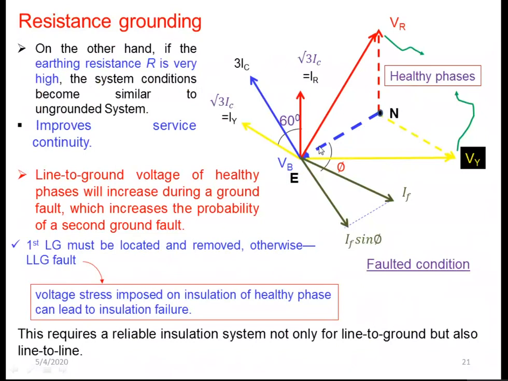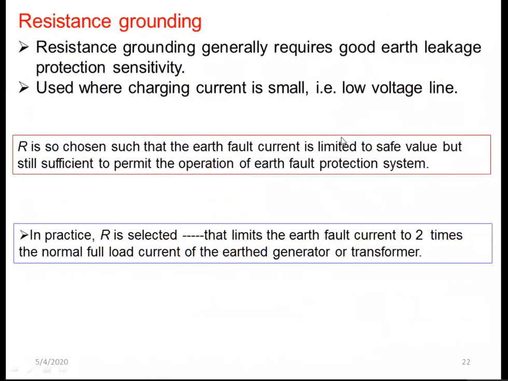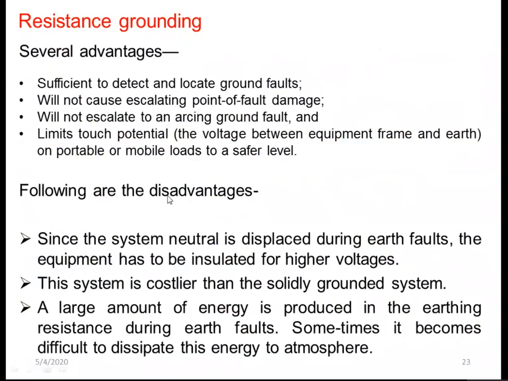Depending upon the magnitude of the impedance and the fault current flow through the impedance, in resistance grounding, this change in the voltage will vary. And thus it can be said that the system neutral is displaced. That means the neutral point gets shifted from the ground potential here. So for the case of earth fault, the neutral potential gets shifted to some other value, right?